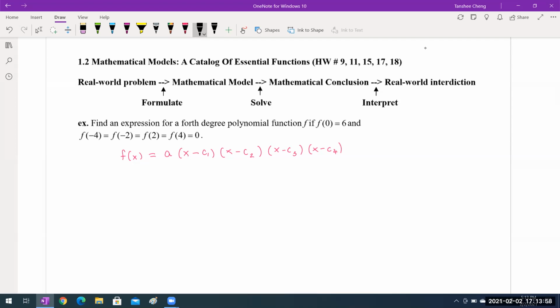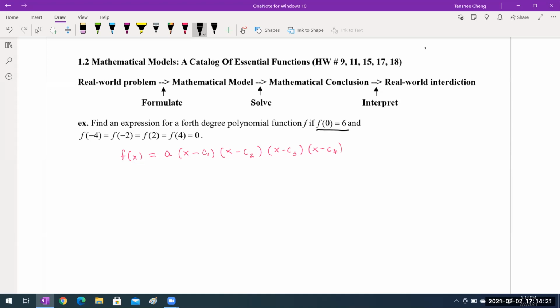This information is necessary for us to find out the leading coefficient. Without this information, we would only get a general solution, meaning a polynomial of degree 4 having those 4 zeros, not the specific one.